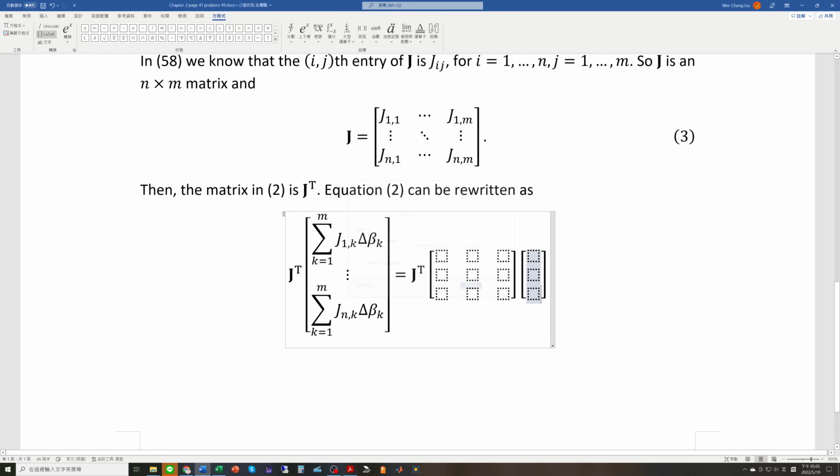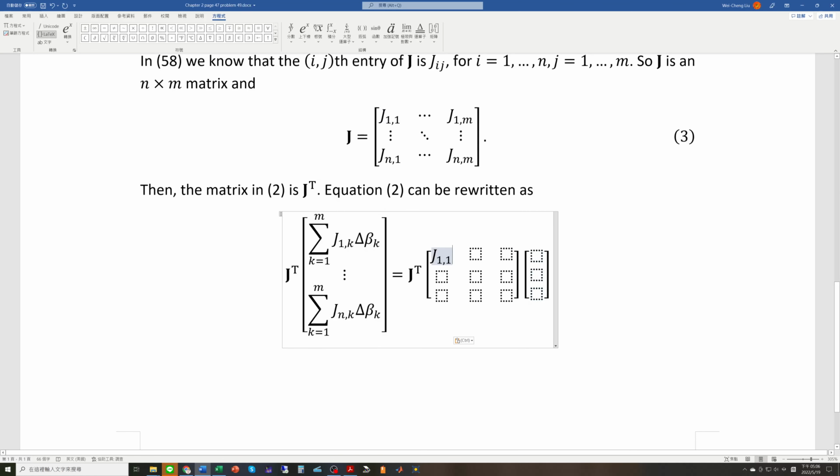Good. So let us see the first row of this matrix should be capital JIK, where K is 1 to M. So the first element should be capital J11. We can just copy this and paste here, and this should be horizontal dots.